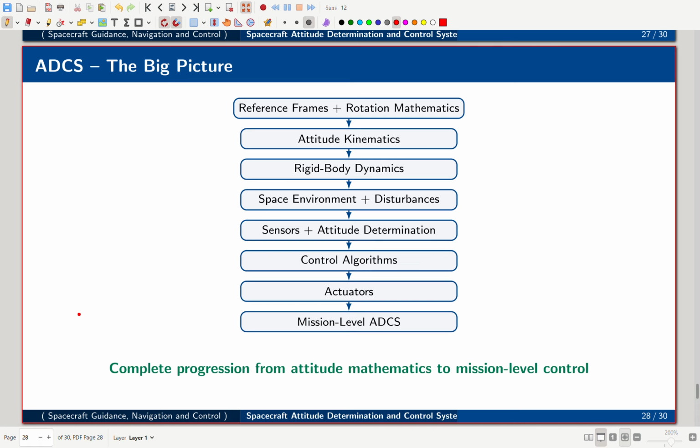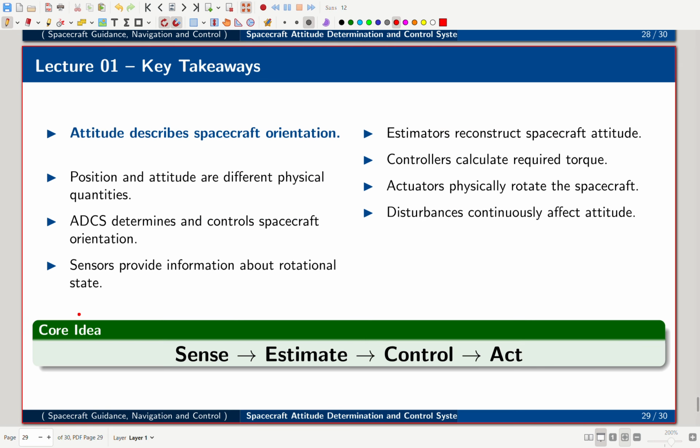So the big picture, you think about it: reference frame, rotational mathematics, attitude kinematics, then rigid body dynamics, then spacecraft environment and disturbances we have to study. These factors are to be considered in the analysis, then sensors and attitude determination, control algorithms, actuators, mission-level ADCS. So complete progression from attitude mathematics to mission-level control, right?